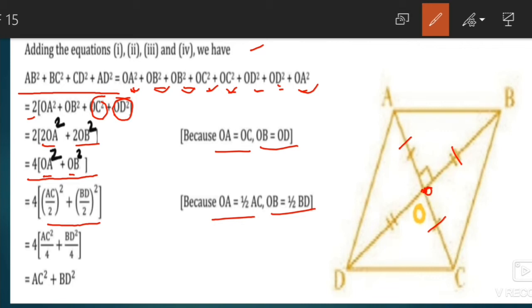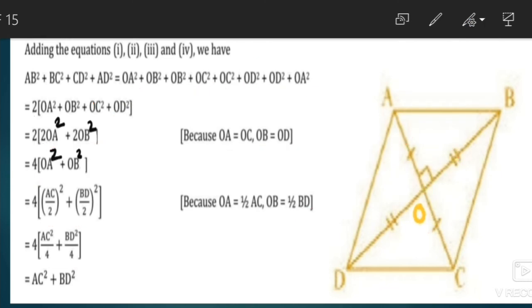If I remove the bracket it will be AC square by 4 plus BD square by 4. So this 4 and 1 by 4 will cancel each other and the result will become AC square plus BD square. That means after all this operation I am getting AB square plus BC square plus CD square plus AD square is equal to AC square plus BD square.